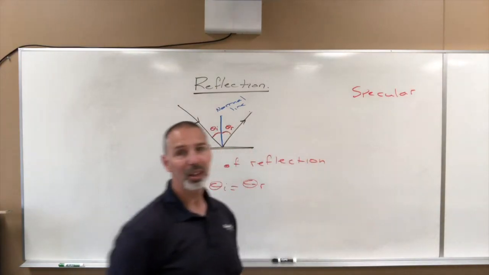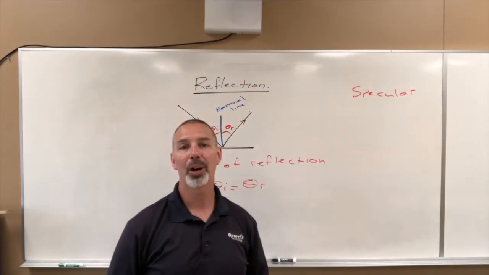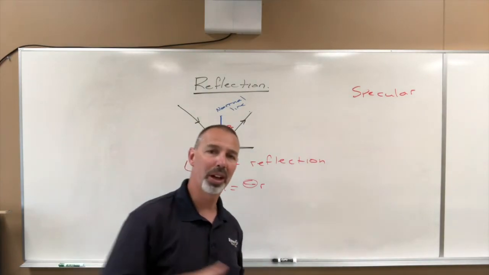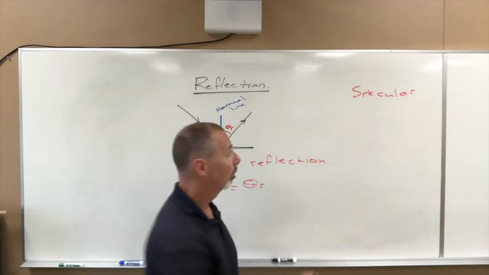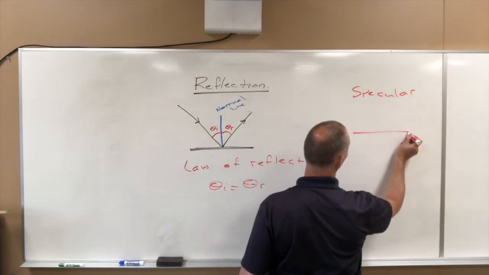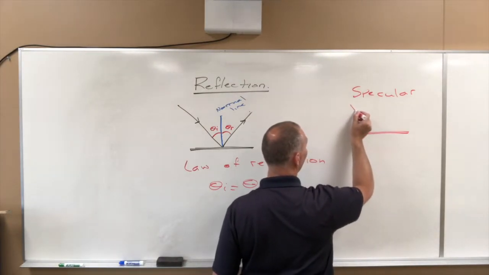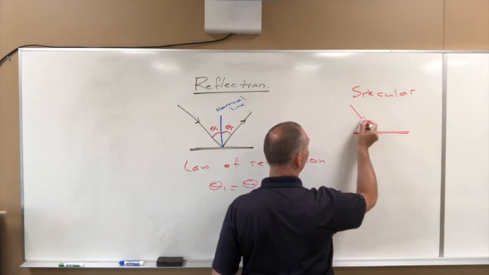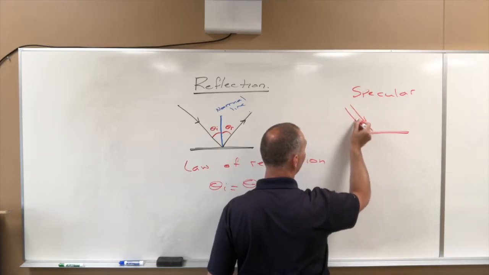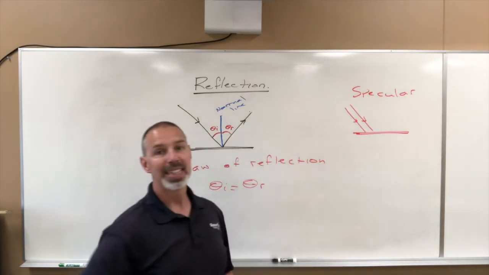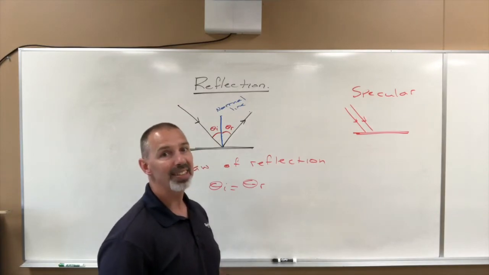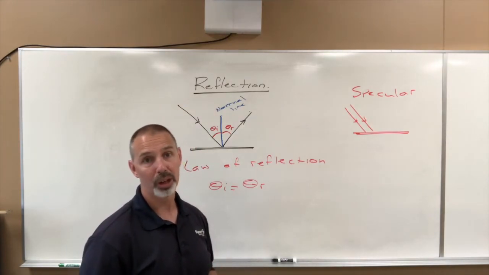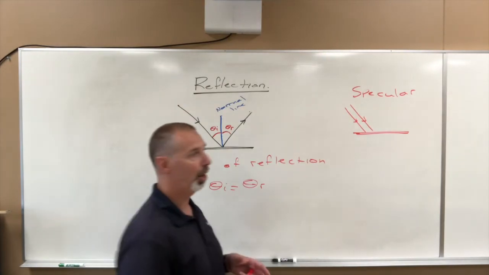Okay, specular reflection is where the incoming rays, which are all parallel, okay, so here's our reflective surface. We have some incoming rays that would come in parallel. Okay? And specular reflection says that the reflected rays will also be parallel.